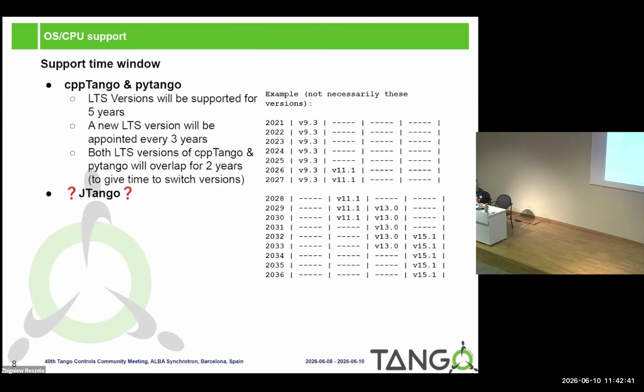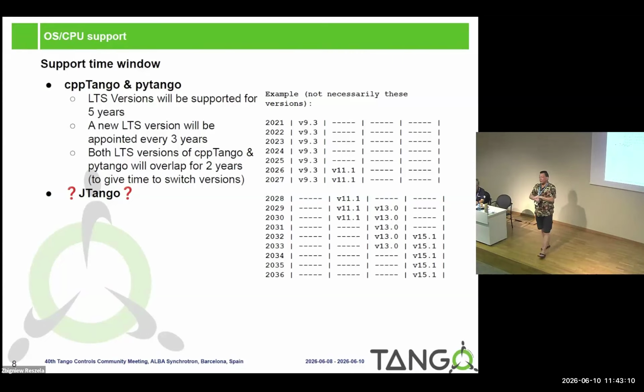As mentioned earlier, the next LTS for CPP Tango is kind of 2027-ish. Hopefully, we have to see. So you see, there's an overlap of versions, guaranteed. We try to release a new LTS version kind of every 5 years, but like I said earlier, it depends on the feature completeness of that version, right? So 5 years is an estimation.